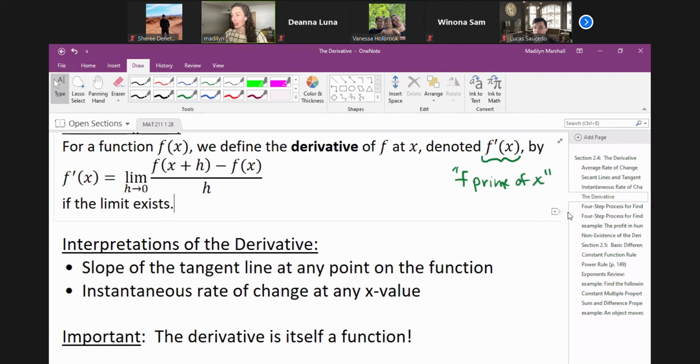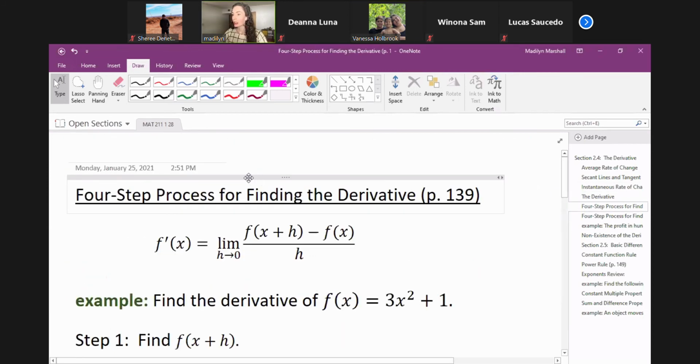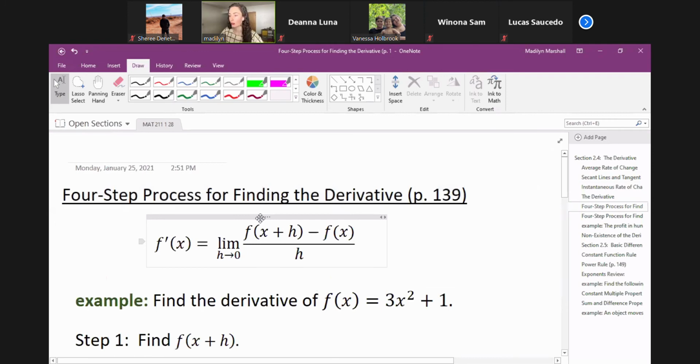So let's do an example of finding a derivative using this definition. The book gives a 4-step process for finding the derivative, which is really just a way to build this limit without doing it all at once.